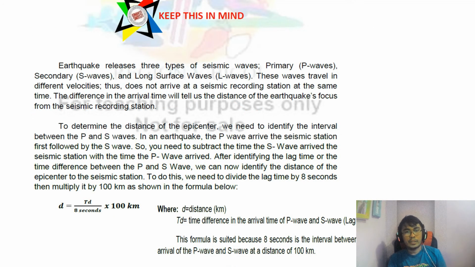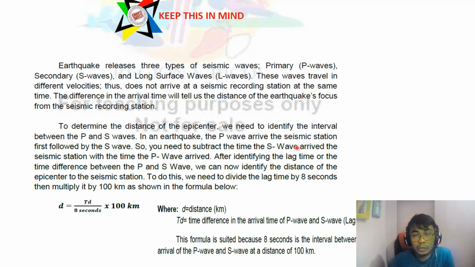Okay. So, take note, again, nabanggit na natin yung 3 types of seismic waves. But, of course, we will just consider the first 2 types of waves, the P and the S. Okay? So, to determine the distance, you need the interval time between the P and the S wave.